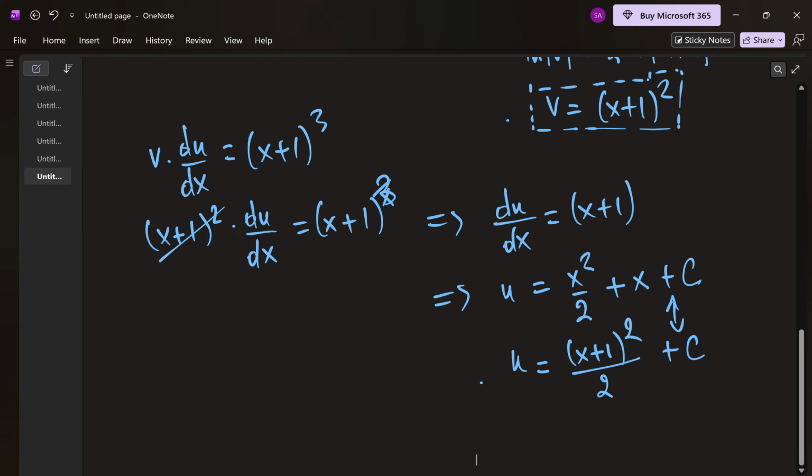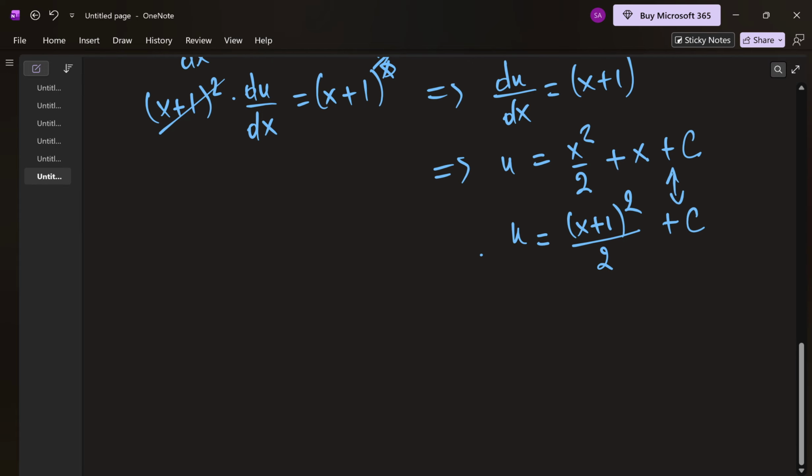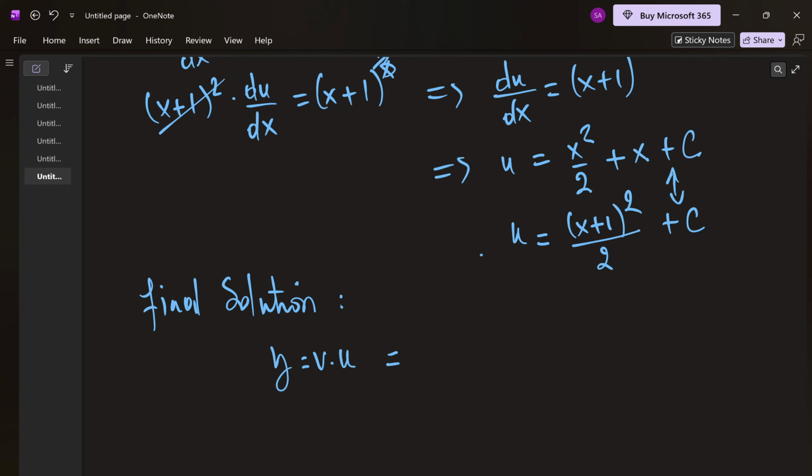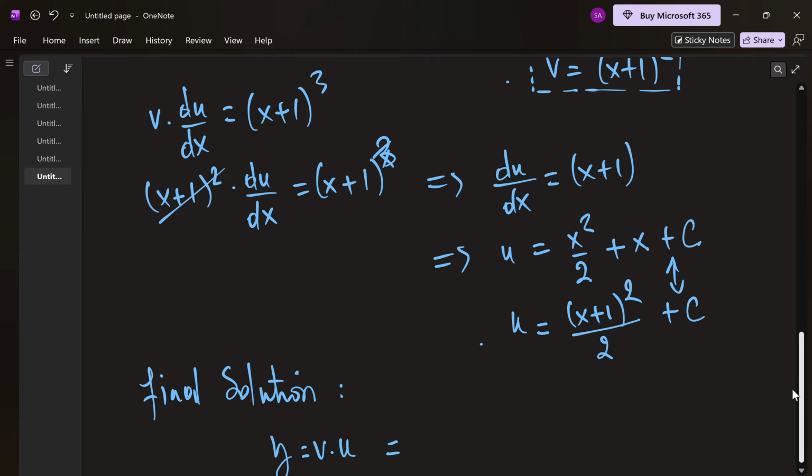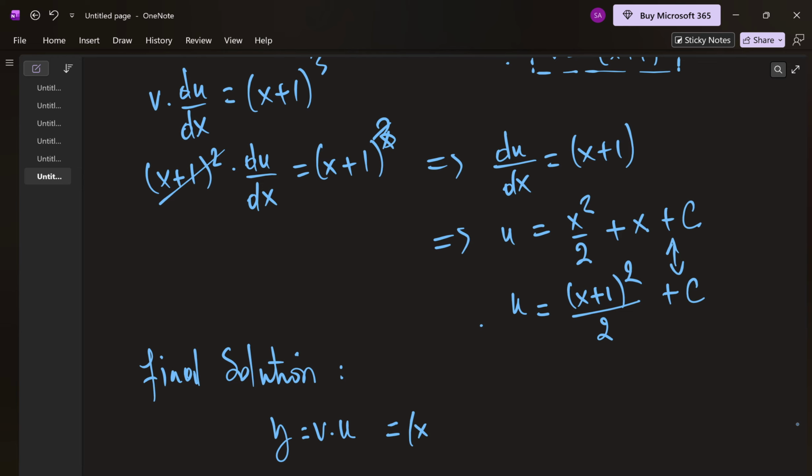Now, since we get the value of u and the value of v, our final solution is y equals v times u. What is the value of v? The value of v is x plus 1 to the power 2. Now what is the value of u, which is x plus 1 to the power 2 over 2 plus a constant c.